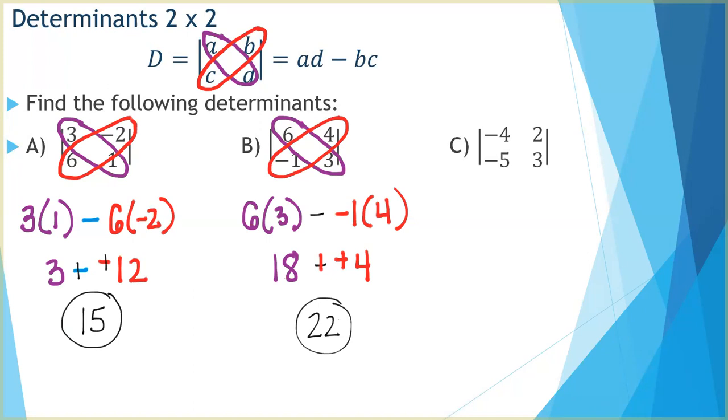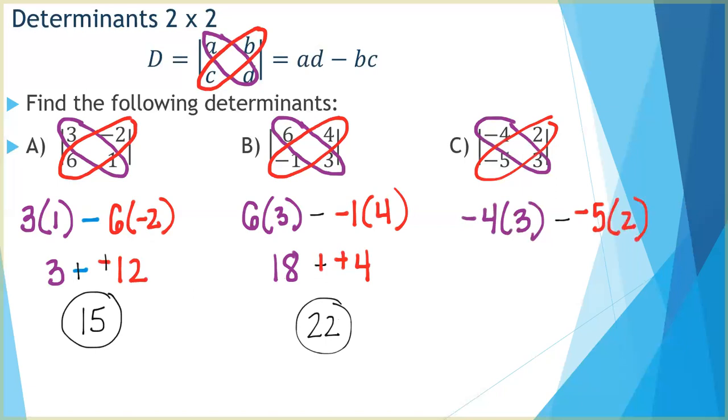So if you get -2, you got the right answer. So again, we're going to multiply -4 times 3, and then subtract from that -5 times 2. So that is -12 minus -10, which becomes a plus. So your final answer is -2.